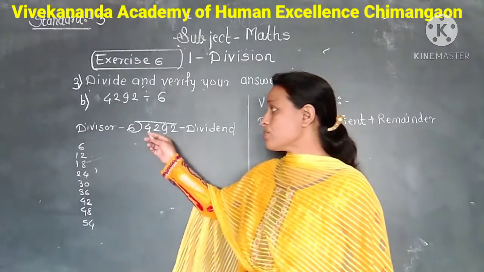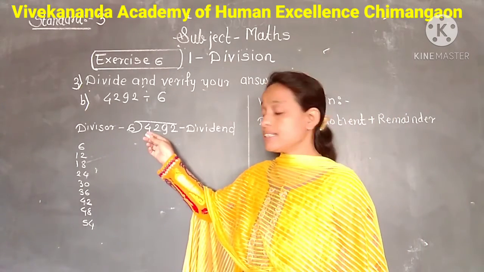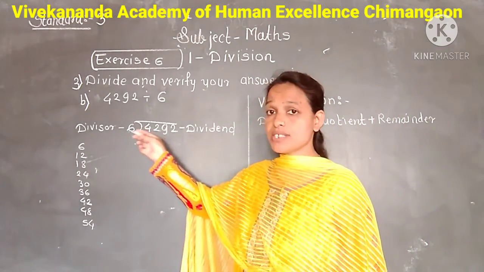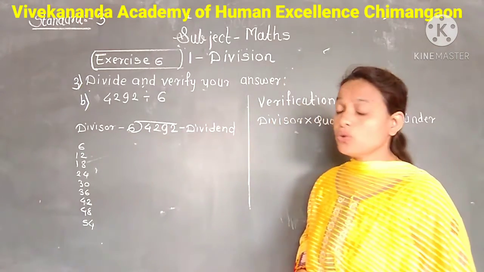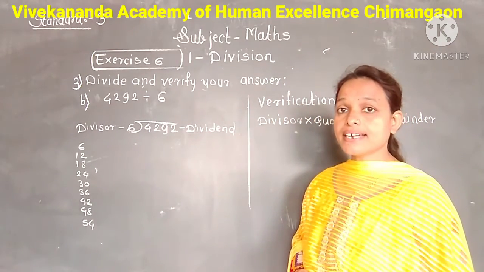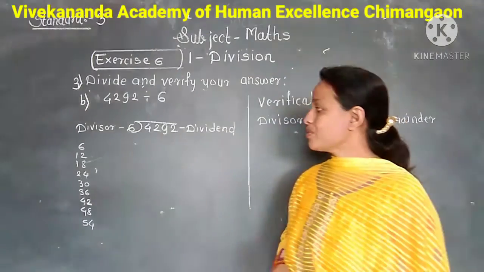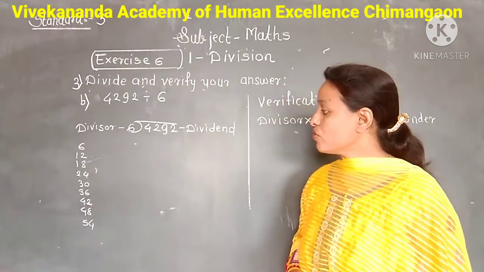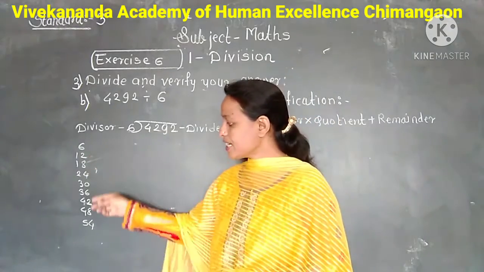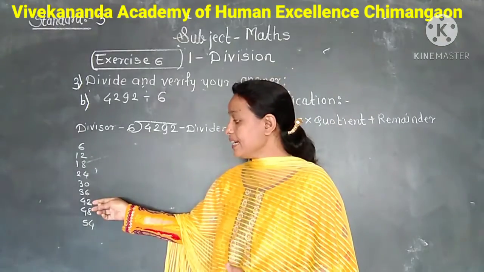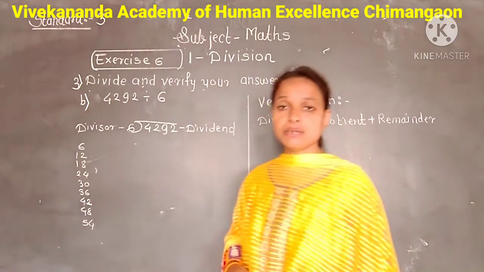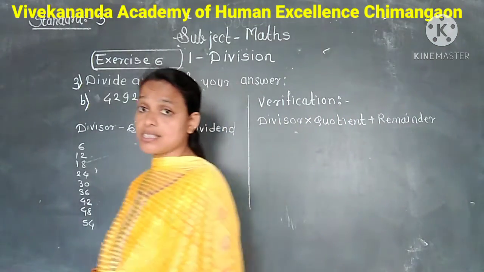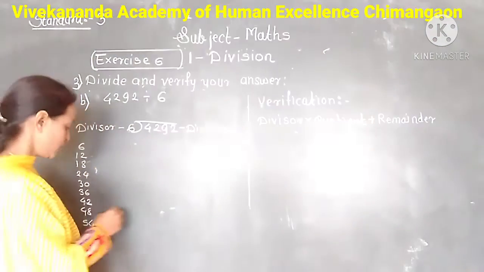But here thousand place digit is 4, which is less than divisor. So here we choose 1000 and 100 digit together. So we divide 42 by 6. 42 is in multiplication table of 6 and it comes 7th place in multiplication table of 6. 6 sevens are 42.